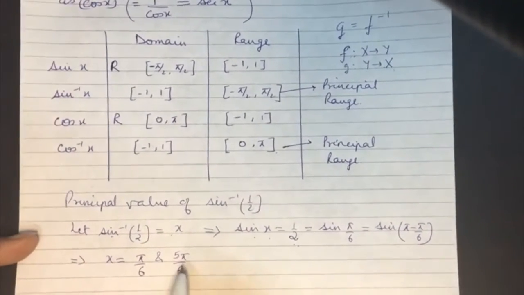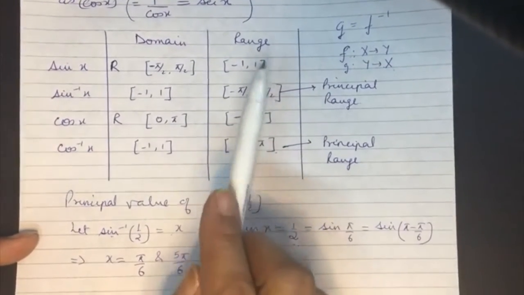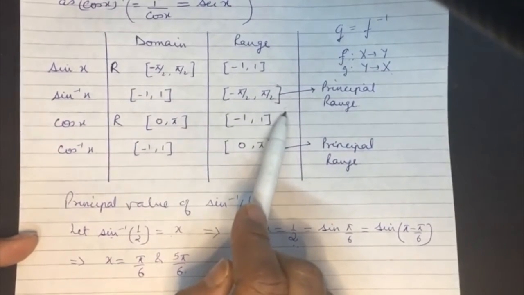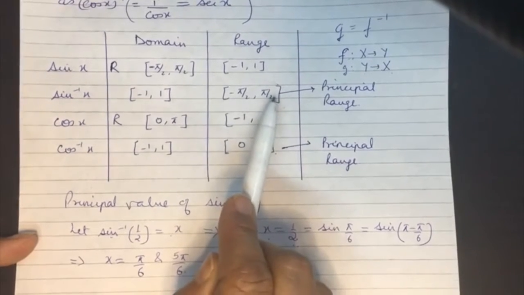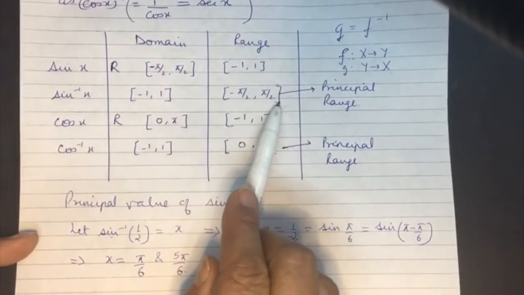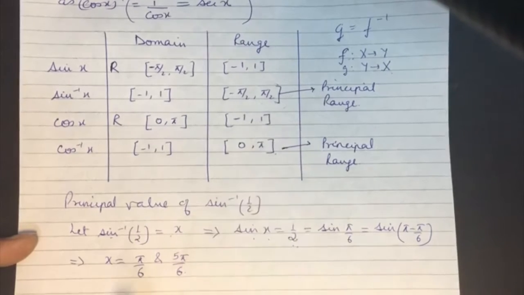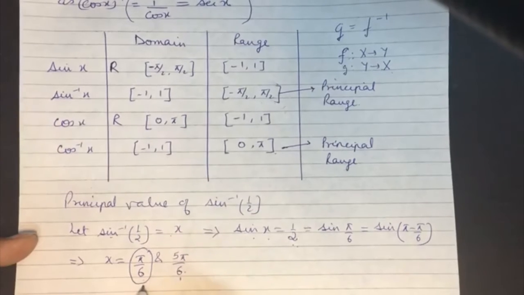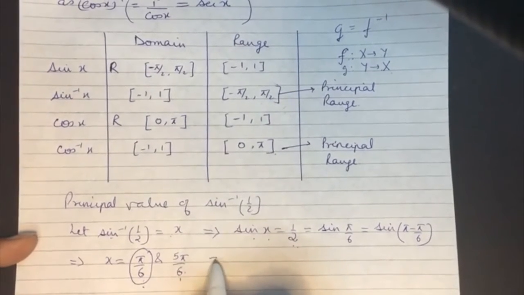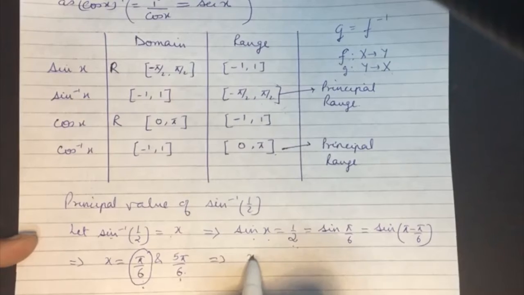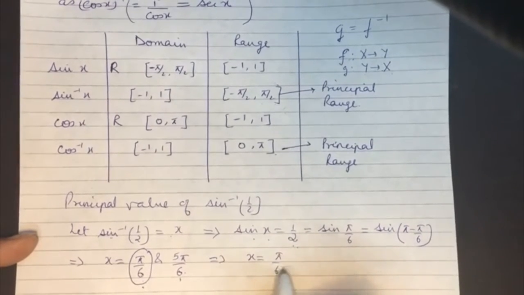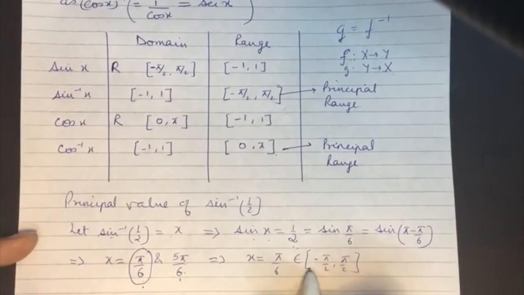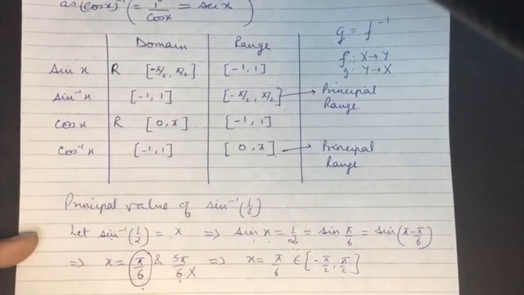Now here comes the role of the principal range of sine inverse x. We will report only that value which belongs to the principal range. Clearly, out of these two, pi by 6 belongs to the first quadrant, and so we write x is equal to pi by 6, which belongs to minus pi by 2 to plus pi by 2, and we drop the other value.